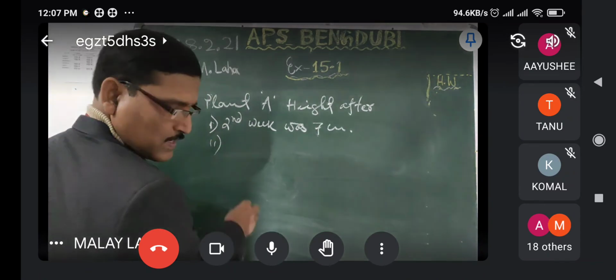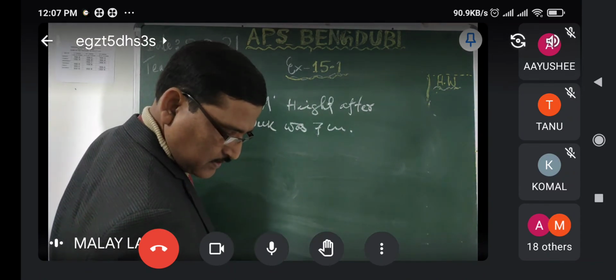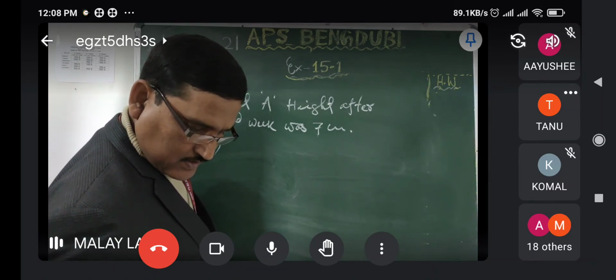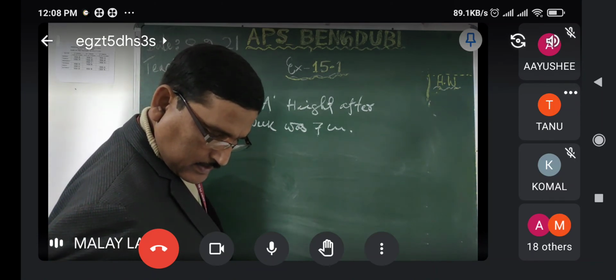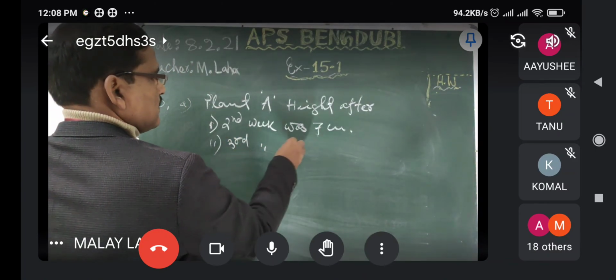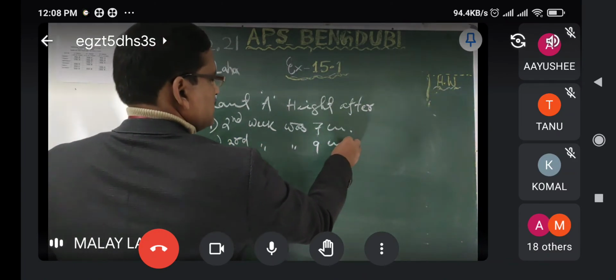Number 2, after third week में कितना है? Plant A, sir, 9 centimeter. Third week was 9 centimeter.